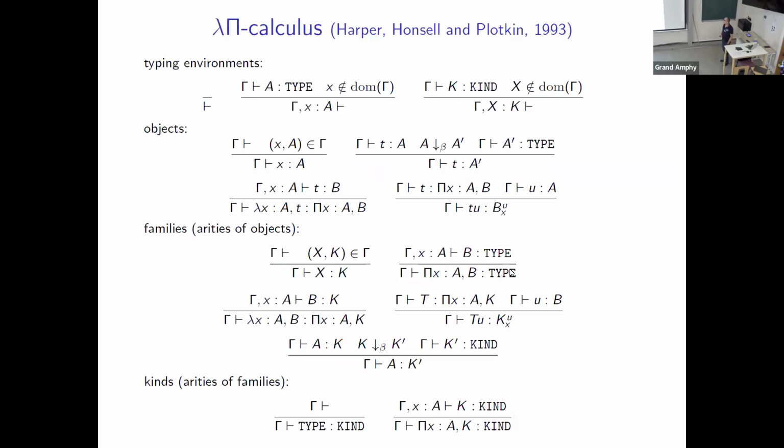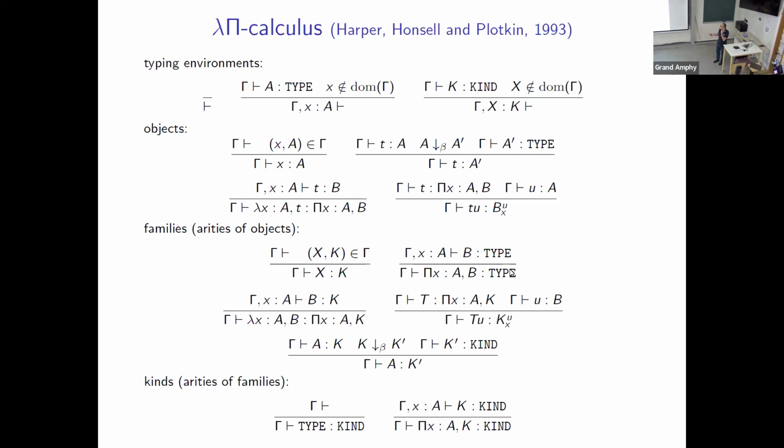So you remember perhaps yesterday we finished on this slide with all the rules for LF, so for the lambda pi calculus. This is a presentation due to Harper, Honsell and Plotkin, beginning of the 90s.